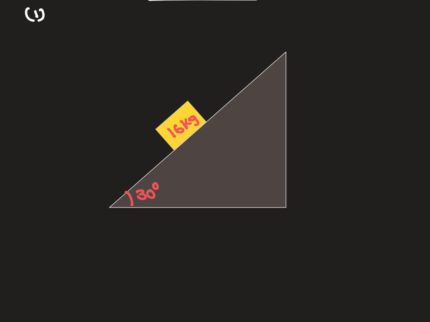There is a force that will always act downwards, which is mg sin θ. We are informed that this body is sliding down the plane, so the frictional force has to act in the opposite direction, up the plane.